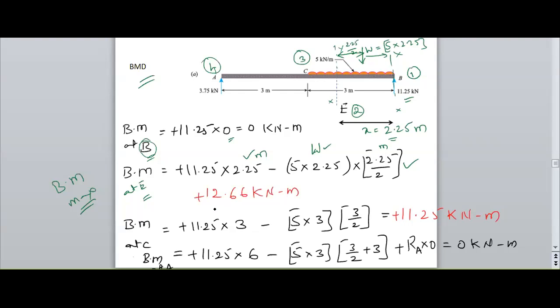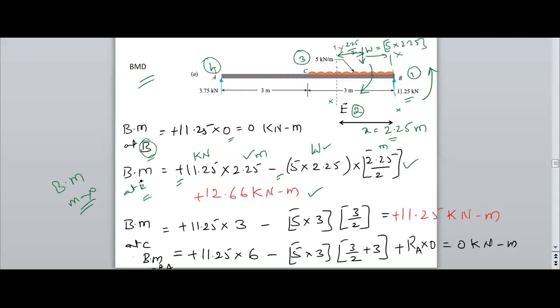Therefore, I am getting a positive because due to this load a clockwise moment occurs, and due to this load an anti-clockwise moment occurs. Anti-clockwise I have considered as positive and clockwise as negative. Therefore, the net value is 12.66 kilonewton meter, which is a positive value.